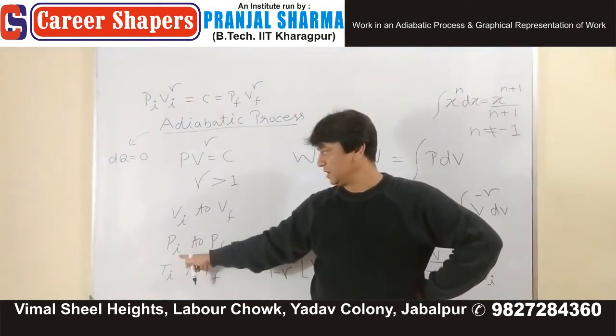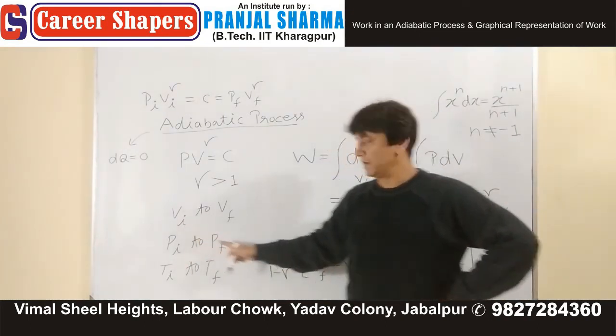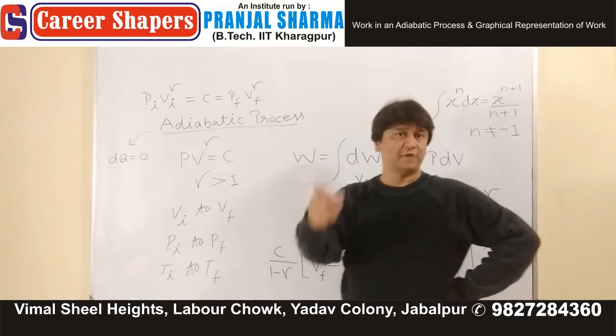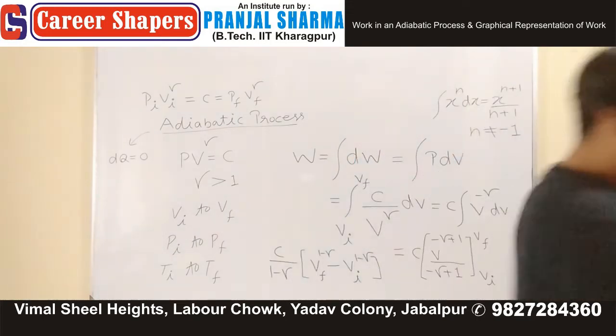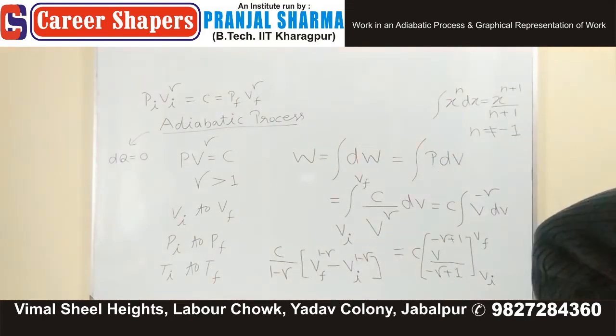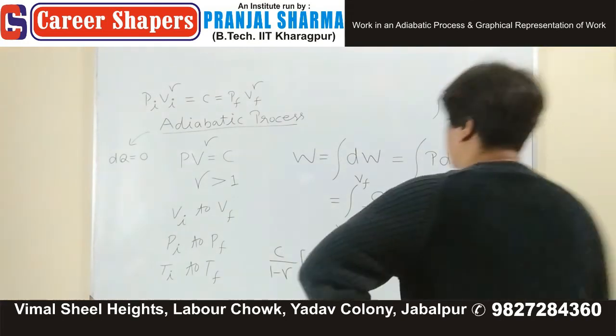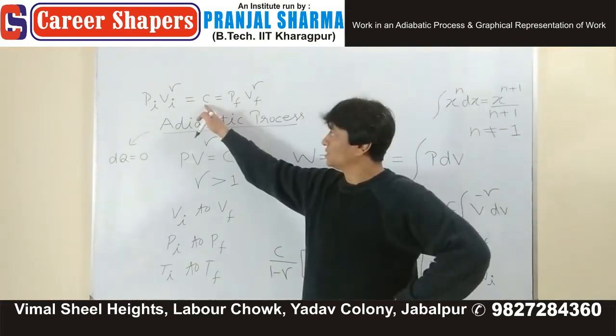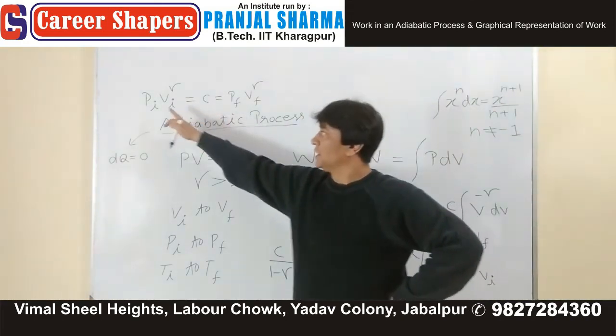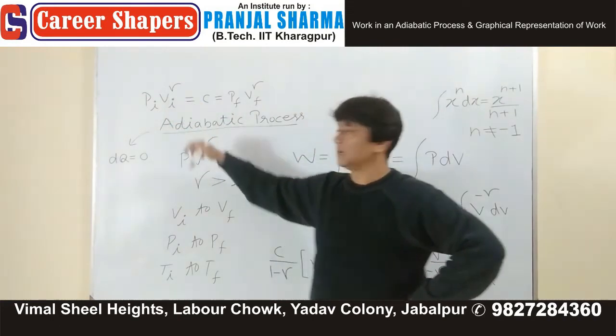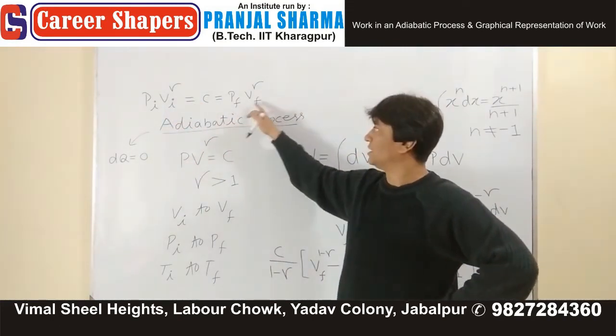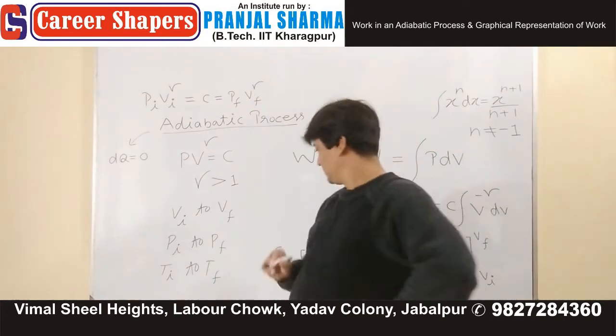When it's P initial, you will be using V initial. When it's P final, you will be using V final. That means what is the value of C? It is P initial, V initial gamma, as well as P final, V final gamma.